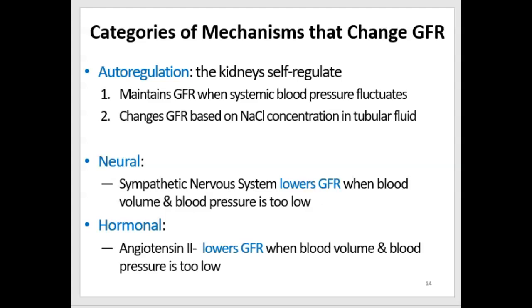And this is really important for maintaining glomerular filtration when systemic blood pressure fluctuates. You want to keep the GFR sort of steady. But autoregulation can also change the GFR based on sodium chloride concentrations. So the kidney can monitor what the tubular fluid components are and change GFR based on that.